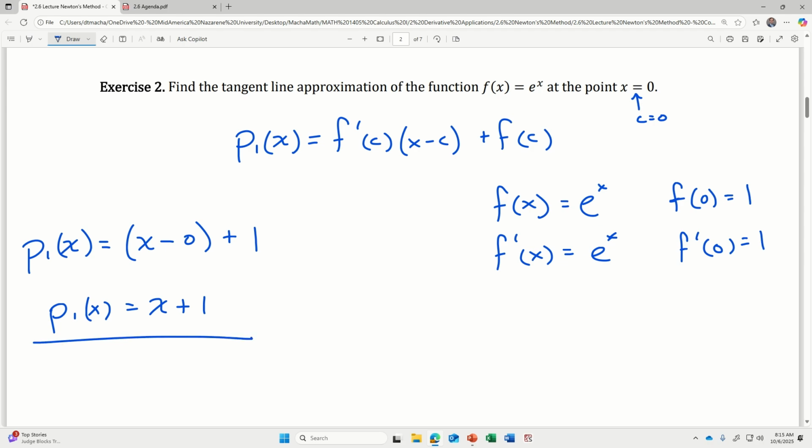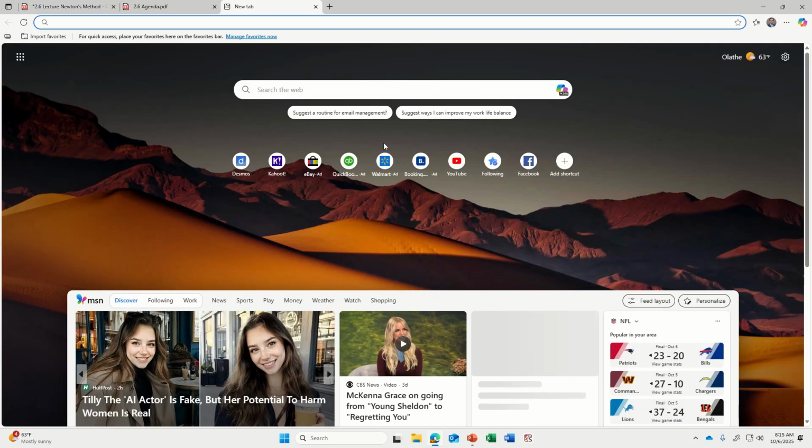A lot of things canceled really fast when we had e to the x as my function and c equals 0 as the point. But even if things didn't all cancel, you still use the same formula. And then let's graph it to make sure it works.